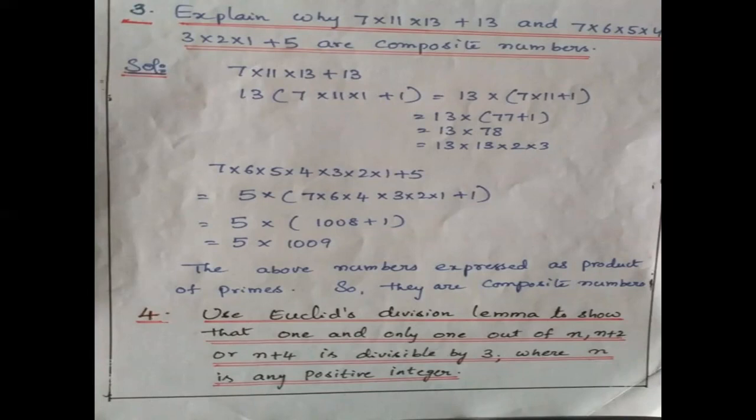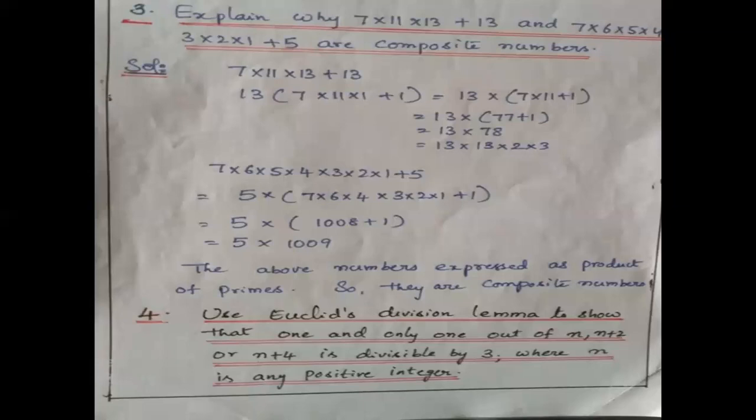That is 13 into 7 into 11 plus 1. 7 into 11, which is 77. So 77 plus 1 is 78. So 13 into 78. Again, we can write the prime factorization of 78 as 13 into 2 into 3.